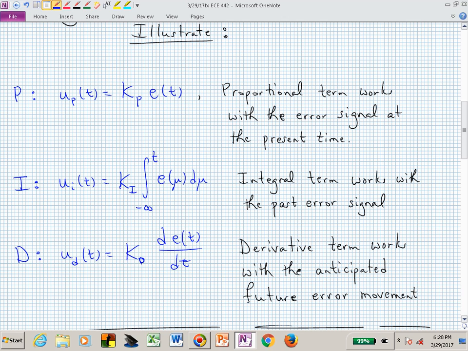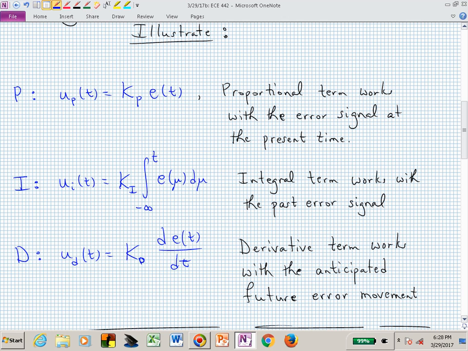And the derivative term. We now have p, proportional, which is like dealing instantly with the present error. The integral piece is worrying about the error that's happened in the past. It's integrating all of that history. And the derivative piece, what's the derivative piece? That sort of tells you where you're going. Where are you anticipating to go?